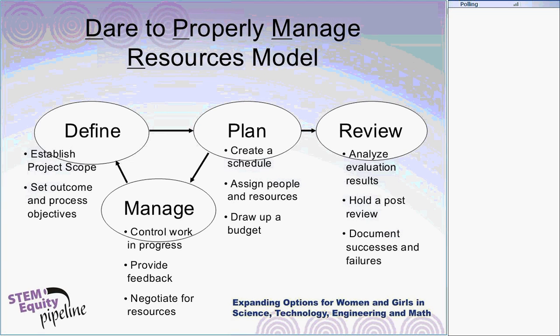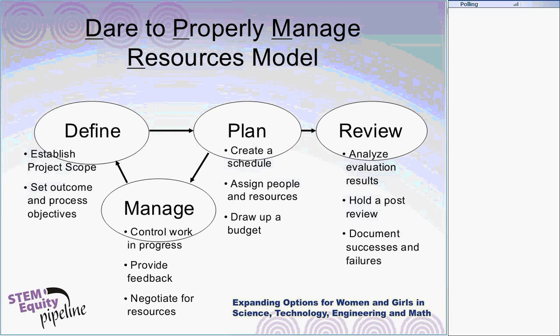So the model I want us to look at, in the project management world, is this Dare to Properly Manage Resources model. The DPMR are the letters to remember, because today we're going to talk about defining your program or project that you're going to implement, planning it appropriately, and I'm going to give you a couple of planning tools that are quite detailed, which I think are very useful in terms of really feeling like you have a handle on implementation processes.